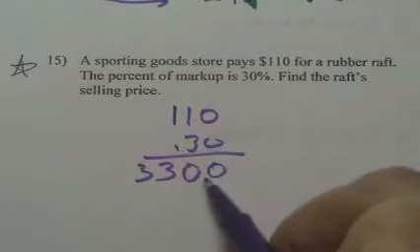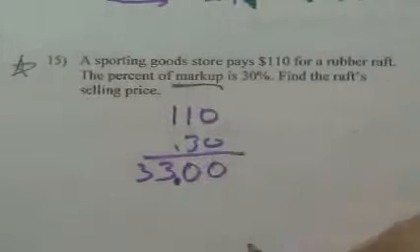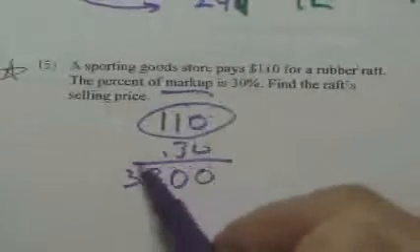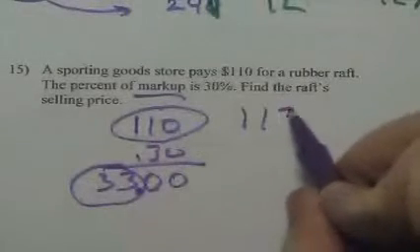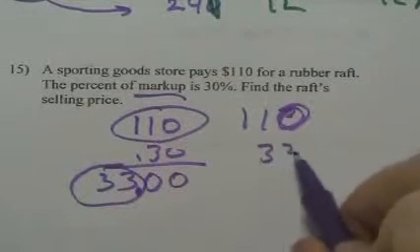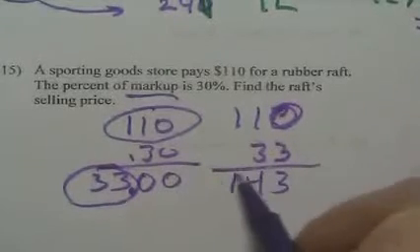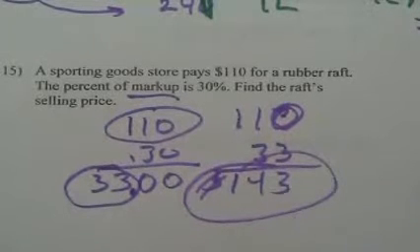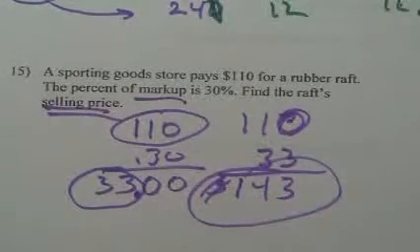Move the decimal over 2 spaces. It's $33. That's the markup. I want the selling price, so I'm going to take 110 plus $33. 110, that's the original, plus 33, the markup. That's $143. That's how much the store is going to sell it to us for. Remember, you're looking for the selling price.